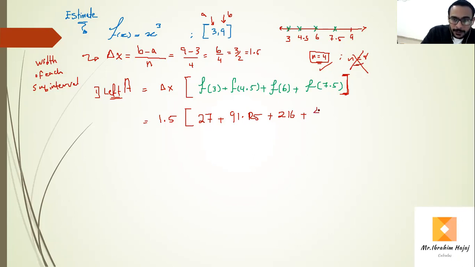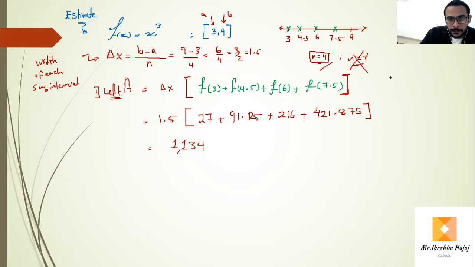I'll do it here on my mobile since there is no calculator. 421.875. Let's add 216 plus 91.125 plus that. The last thing, 27, multiplied by 1.5. Yes, 1134. Okay. This is from the left.